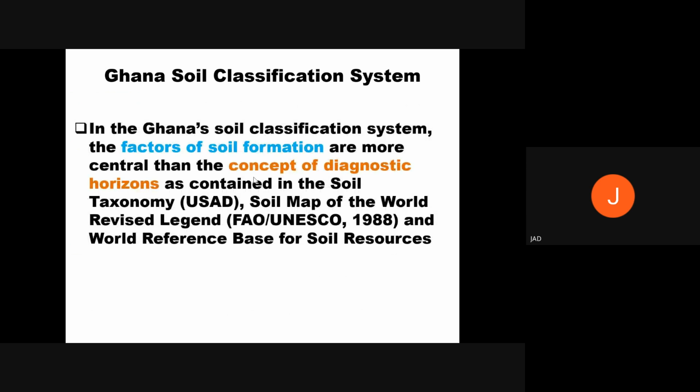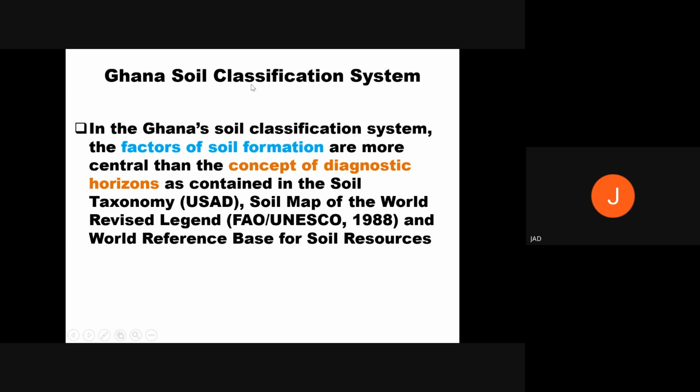In the Ghana soil classification system, the factors of soil formation are more central than the concept of diagnostic horizon as contained in the USDA soil taxonomy, the soil map of the world and the World Reference Base for soil resources.